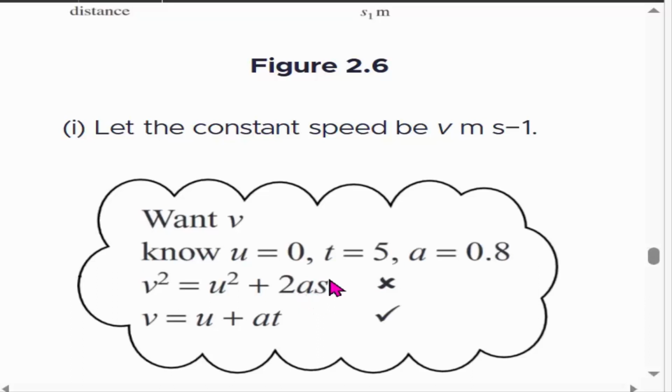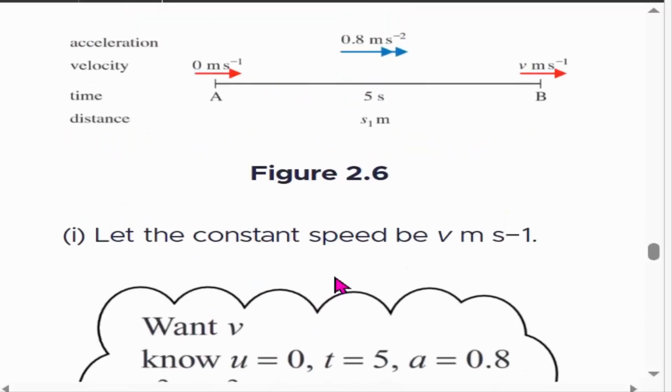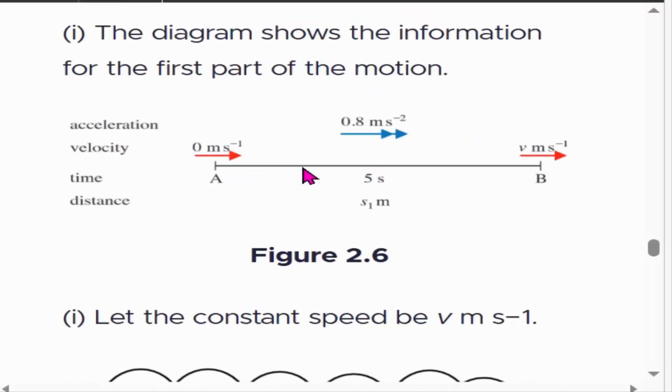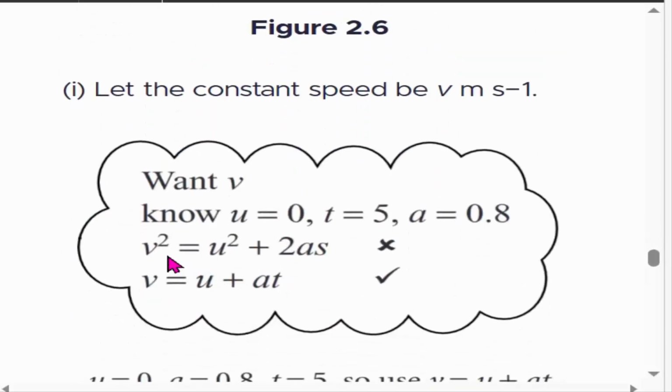Distance s is not given, because it only gives the time it took to reach the next point, 5 seconds, the acceleration, and the initial velocity was 0. So we definitely cannot use the first equation, v squared equals u squared plus 2as. So we use v equals u plus at.